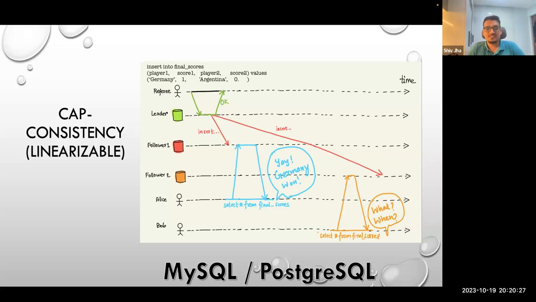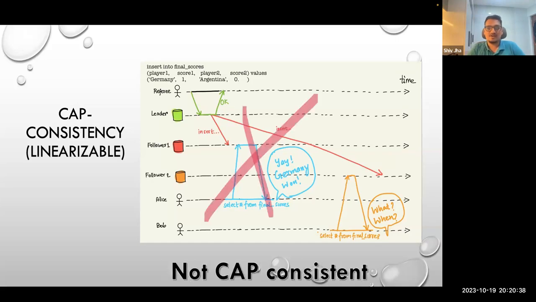So your relational databases, which are famous for providing you a good amount of consistency, like your C in ACID, but they are not. So this situation is not consistent according to CAP. So this is not linearizable consistent. Linearizable consistency is actually a far more strict level of consistency.